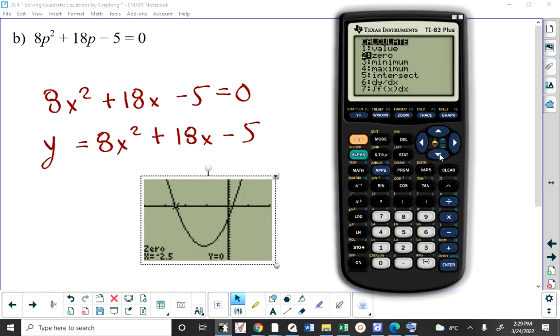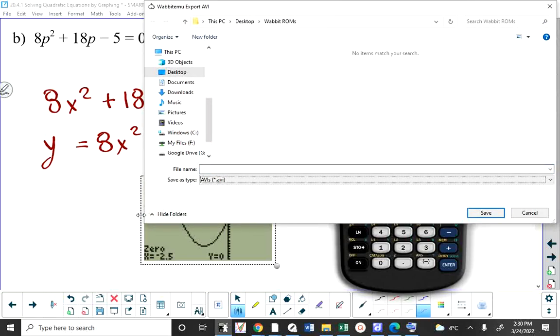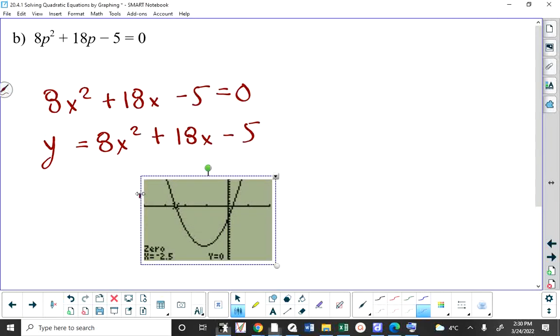Again, everybody, let me back up. When I set up my window settings for x, I went -4 to 2, and I put the scale at 1, which means I know looking at this that this is -4, this is -3, this is -2, this is -1.